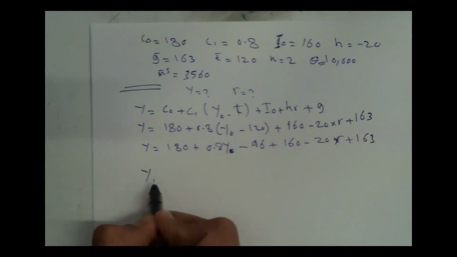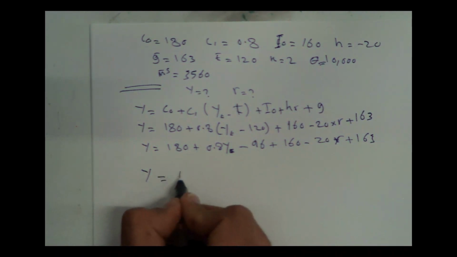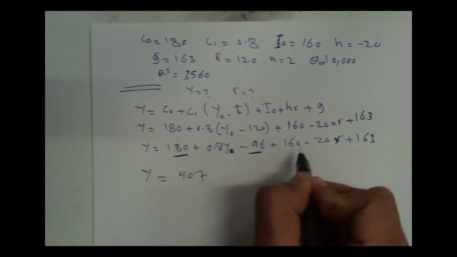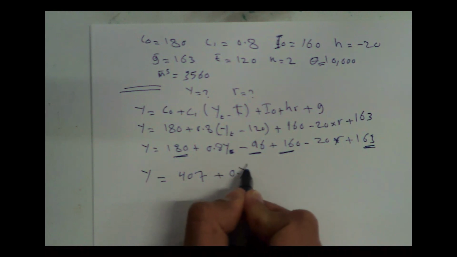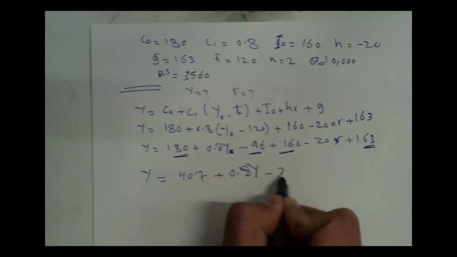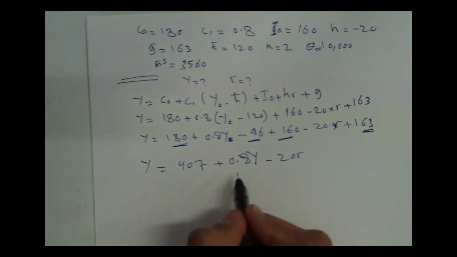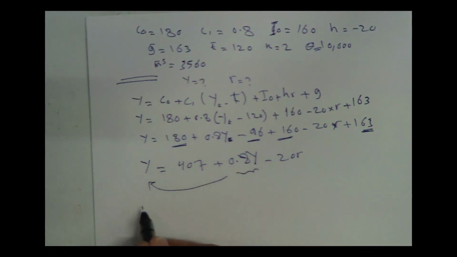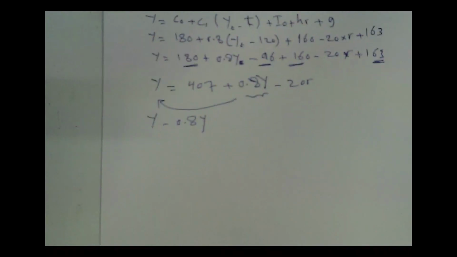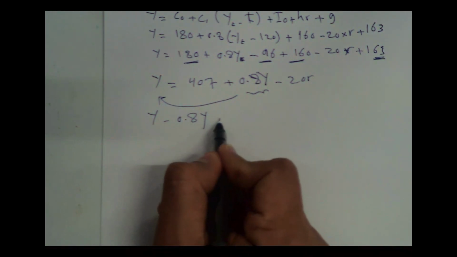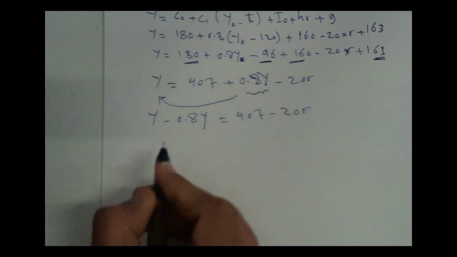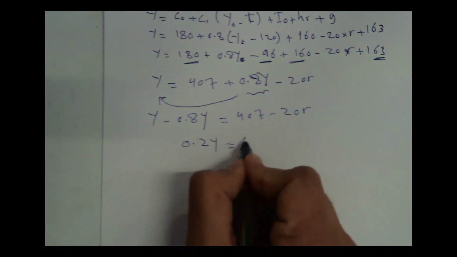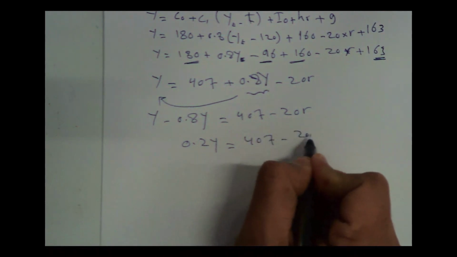When you simplify this, you get 407 plus 0.8Y minus 20r. I want the Y's on one side, so that's Y minus 0.8Y equals 407 minus 20r, so 0.2Y equals 407 minus 20r.